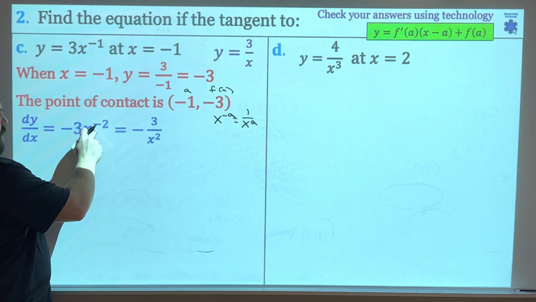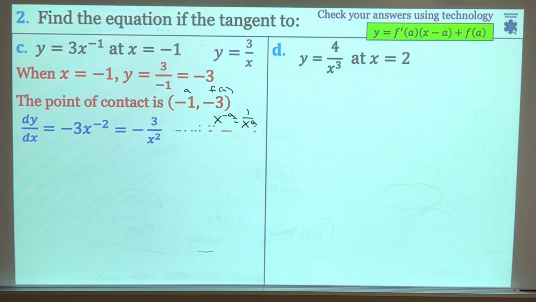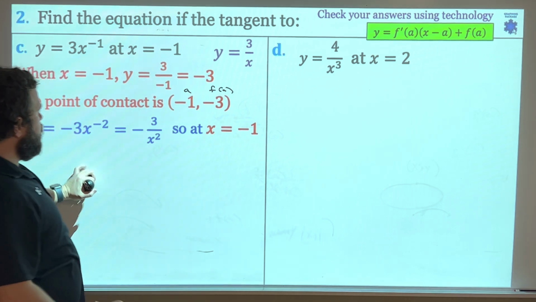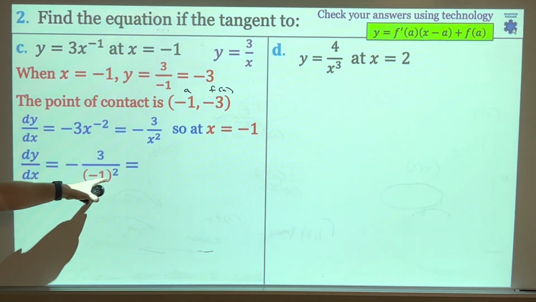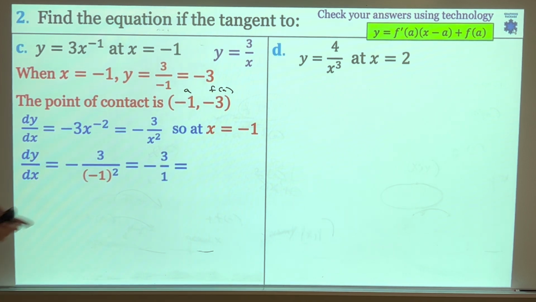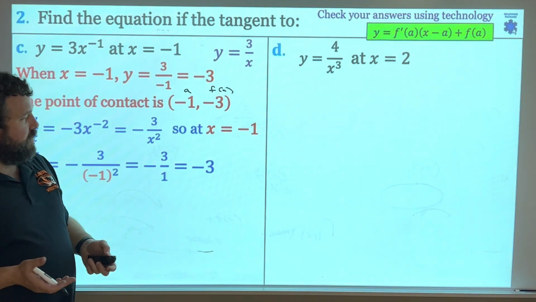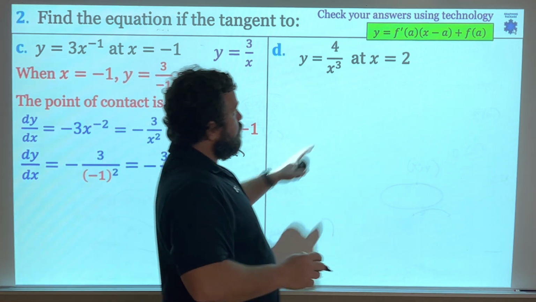The negative sign stays. With x equals negative 1, I plugged it in here. So f prime of a would be negative 3 divided by negative 1 squared. Negative 1 squared is 1, so you've got a negative still. Negative 3 divided by a positive 1 is just negative 3. So my negative 3 is my f prime of a.